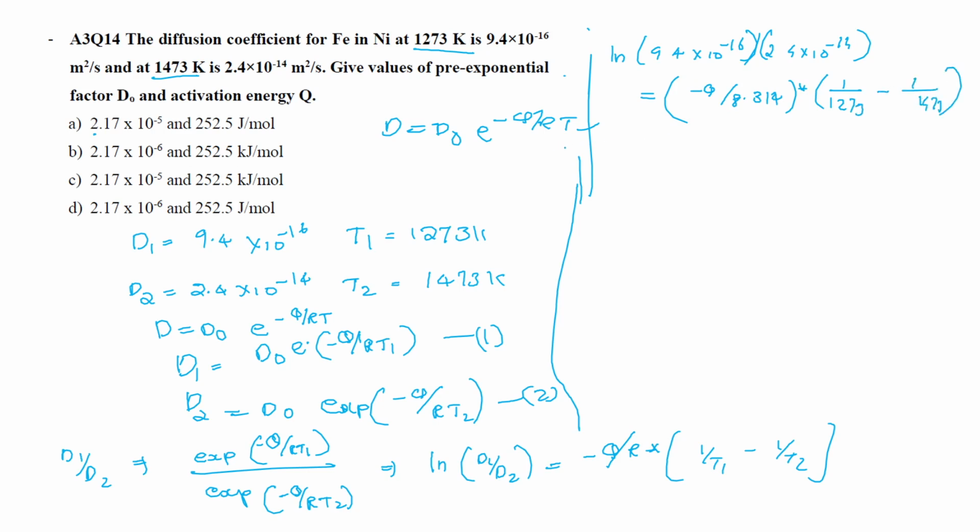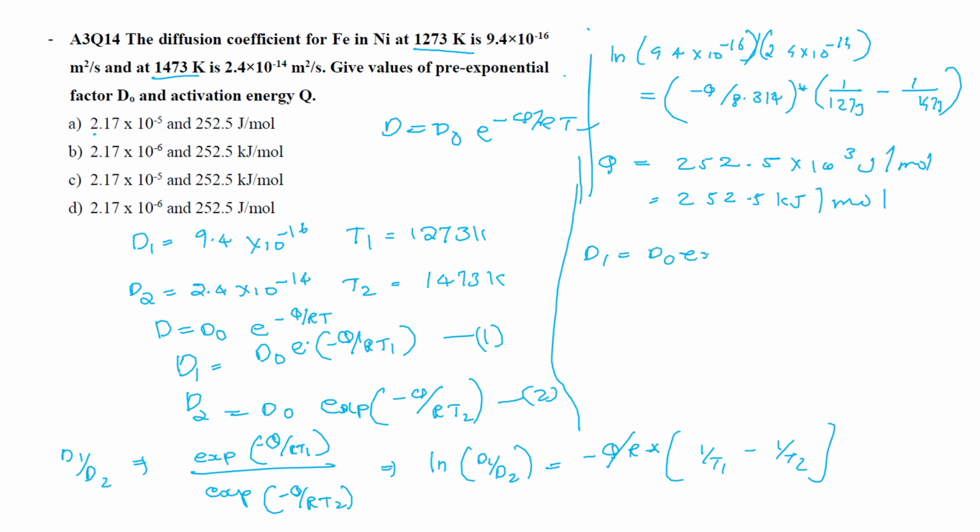So from here you will get the Q value as 252.5 times 10 to the power 3 joule per mole. That you can write as 252.5 kilojoule per mole.